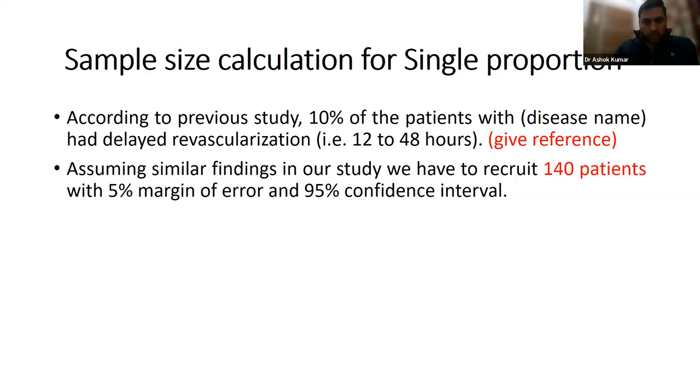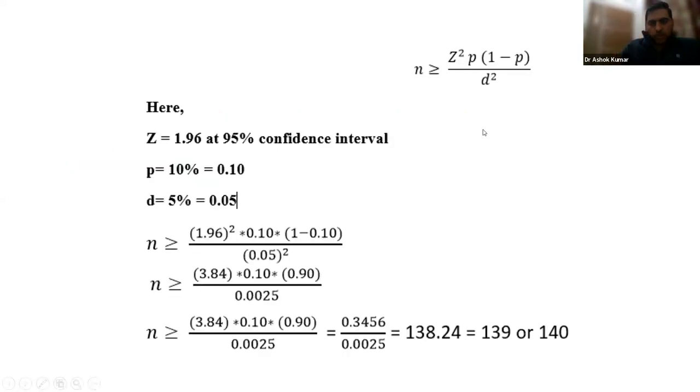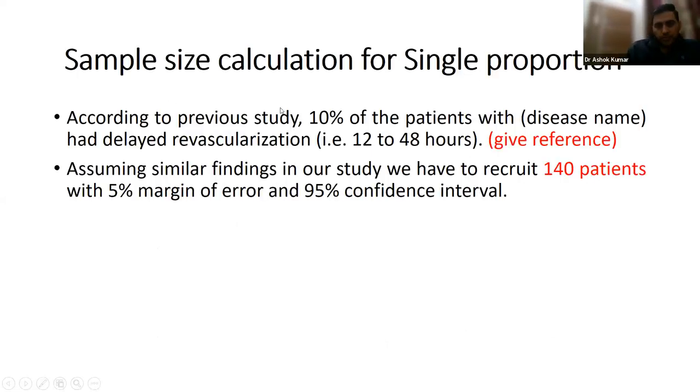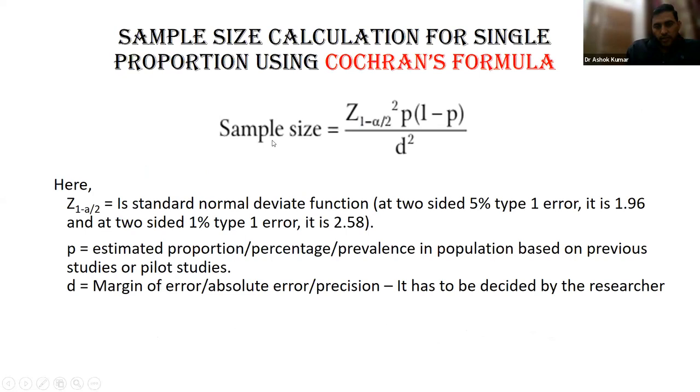So this is the Cochran formula you can remember here. N is greater than or equal to Z 1 minus alpha by 2 squared, P times 1 minus P, or Q, you can say Q here, 1 minus P, divided by D square.